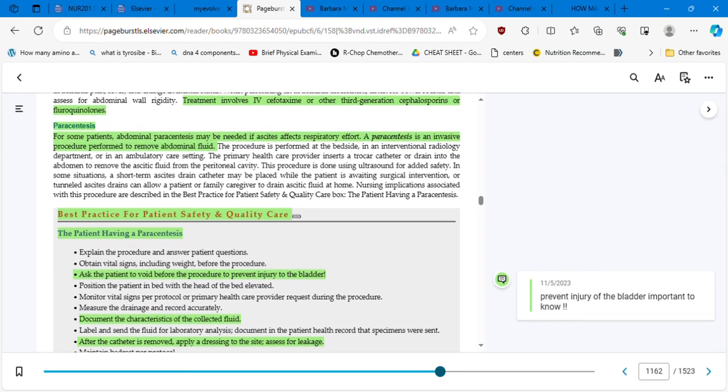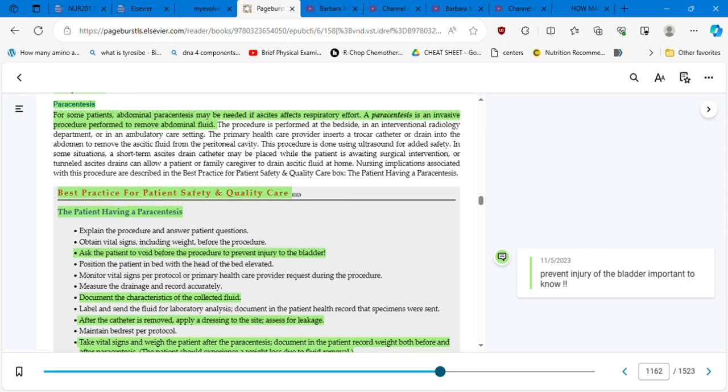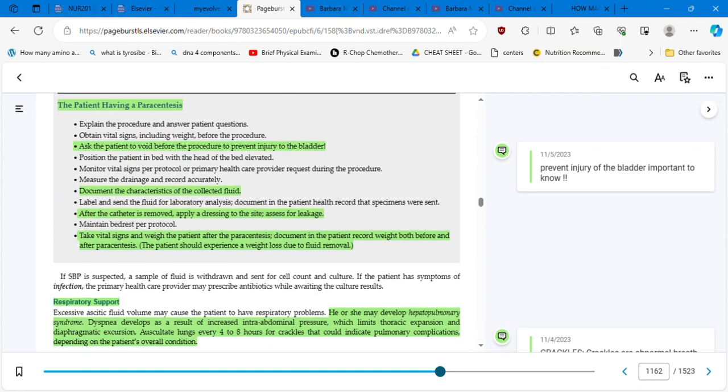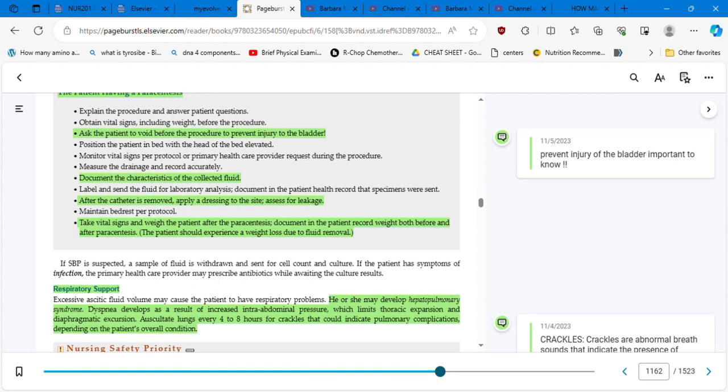Paracentesis. For some patients, abdominal paracentesis may be needed if ascites affects respiratory effort. A paracentesis is an invasive procedure performed to remove abdominal fluid. For the patient having paracentesis, the most important thing is to ask the patient to void before the procedure to prevent injury to the bladder.